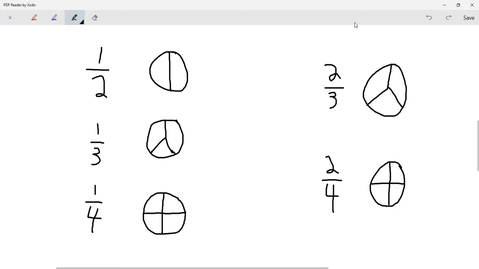Today I wanted to go over fraction basics. Now, I realize this is maybe a video I should have done before I started working on fractions, but I kind of took for granted maybe background fraction knowledge of students.